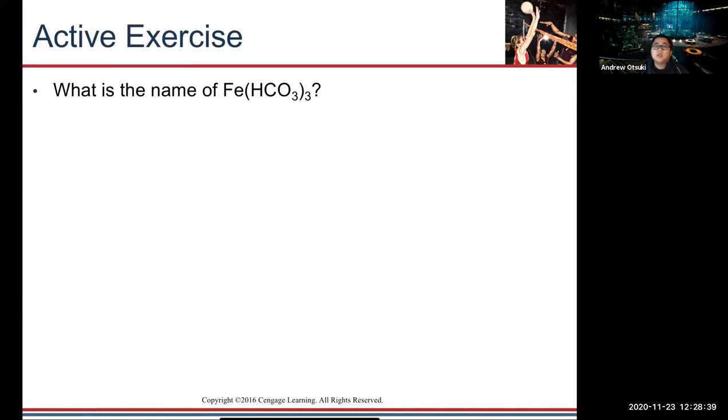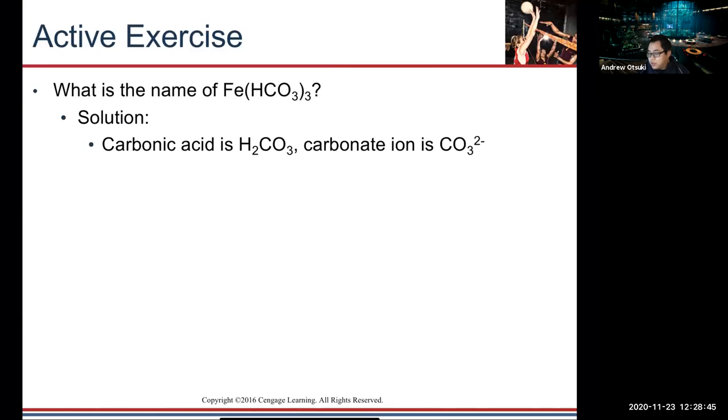Remember, hydrogen carbonate comes from the carbonate ion, which comes from carbonic acid. There's a typo. It should say adding a hydrogen atom, or adding an H plus, to the carbonate ion yields HCO3 minus. Once we add the H plus, the charge turns to HCO3 minus because we combine them into this ion.